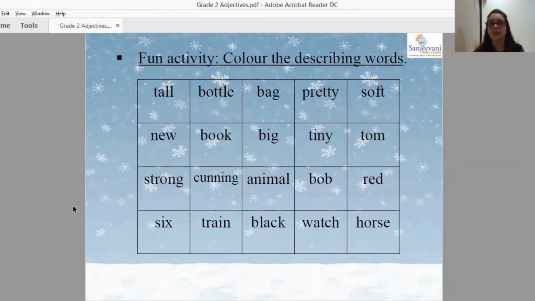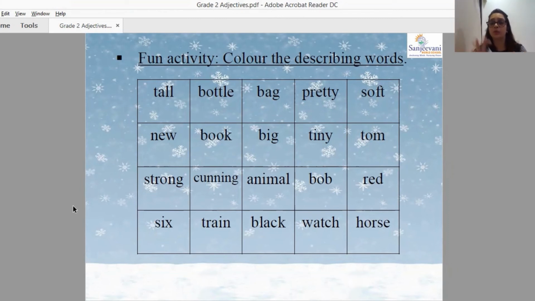Now this is a fun activity that we are going to do. We are just going to color it, or you can just write down in your book. There are few words given to you. I'll read out everything for you. Tall, bottle, bag, pretty, soft, new, book, big, tiny, Tom, strong, cunning, animal, Bob, red, 6, train, black, watch, and horse.